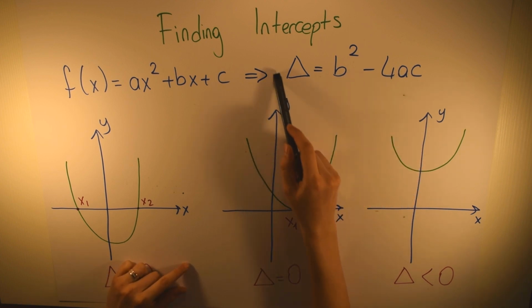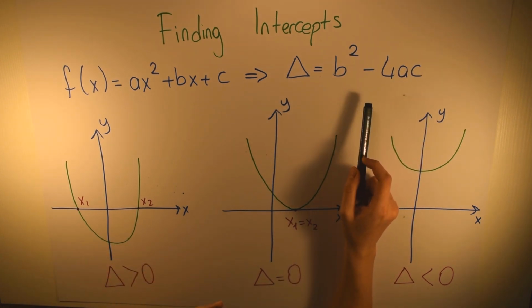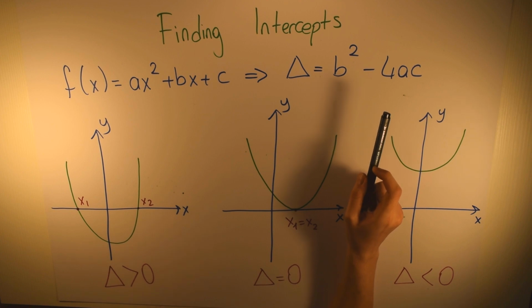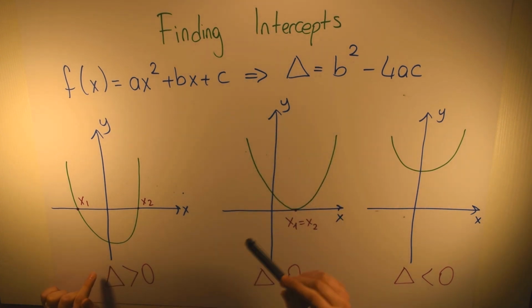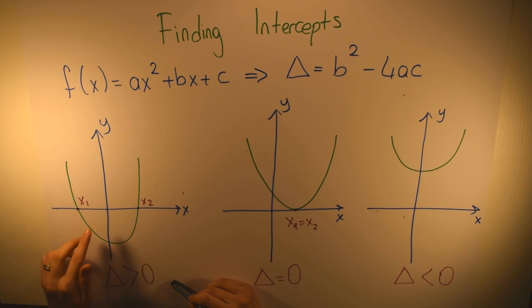So we will look at this value, and after that you can say if it has 2, 1 or 0 x-intercepts. When the discriminant is greater than 0, it means this equation has 2 real solutions. It also means that it has 2 x-intercepts. As you can see here, you have 2 x-intercepts.